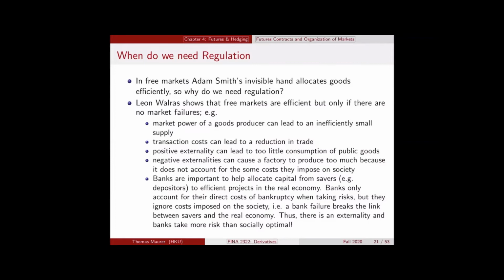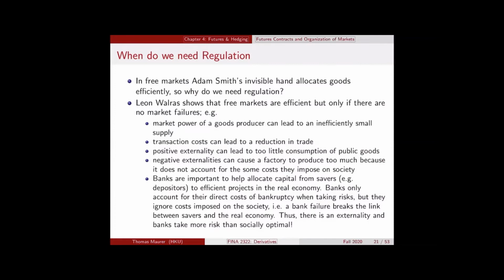So that means that that coal power plant will produce too much electricity because their personal costs are much lower than the overall cost for society. Then a regulator should impose a certain tax on that coal power plant, and that tax should reflect that cost which the power plant imposes on the society, such that eventually when the coal power plant now takes into account not just its own production cost, but also that additional tax, which again is equivalent to the cost imposed on the society, now they will choose the efficient amount of electricity which they produce.